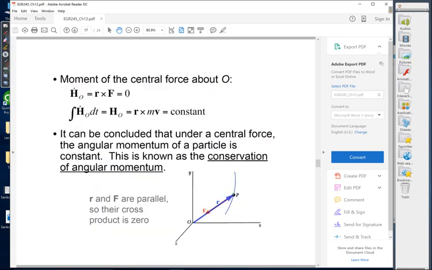So we're going to take a look more now at these orbit problems. So this is what we just talked about, right? H must be constant in any orbit problem or in any central force problem.